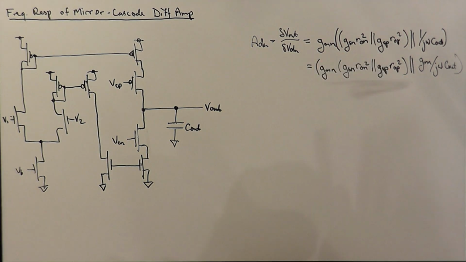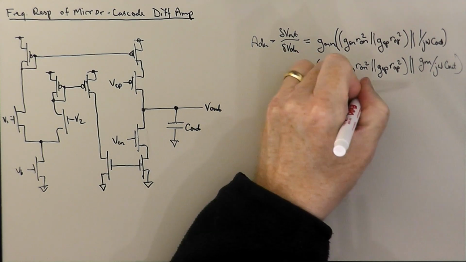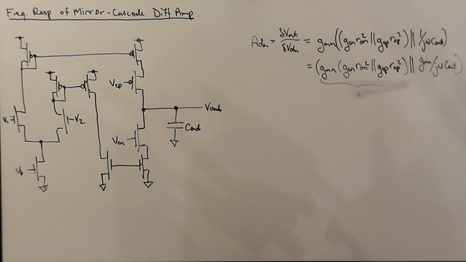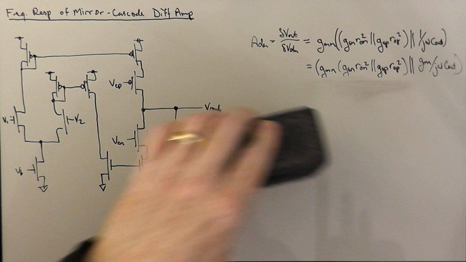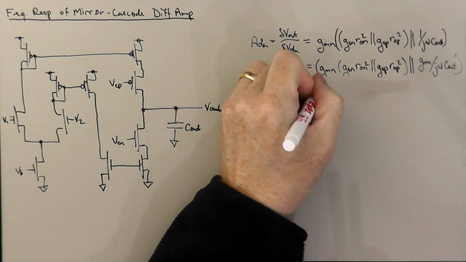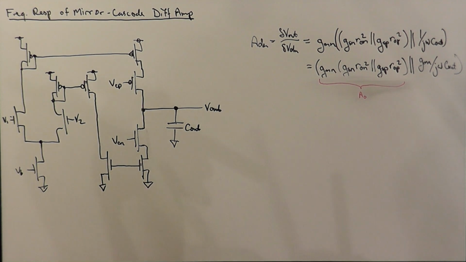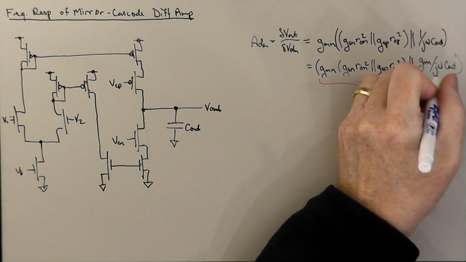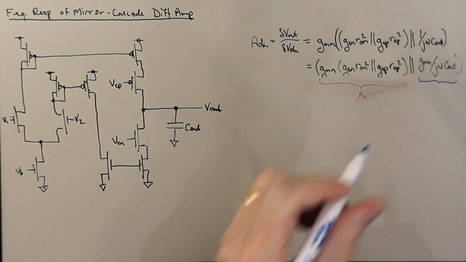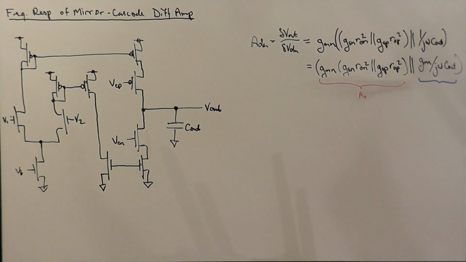I'm going to call this A0, and we're going to plot this one in blue.